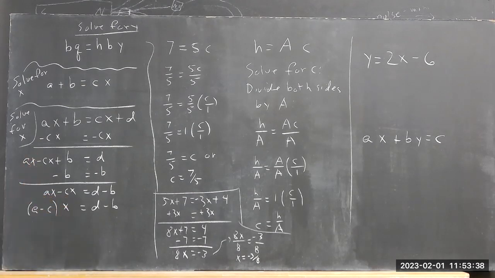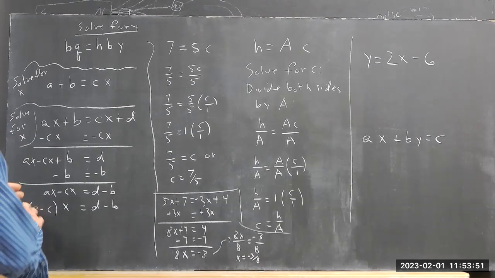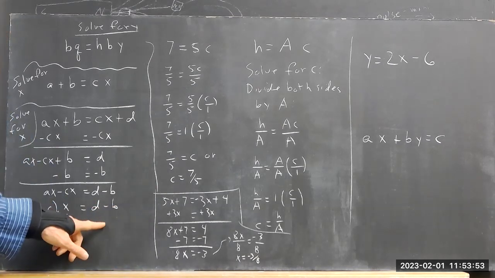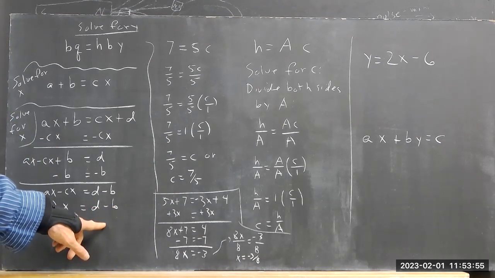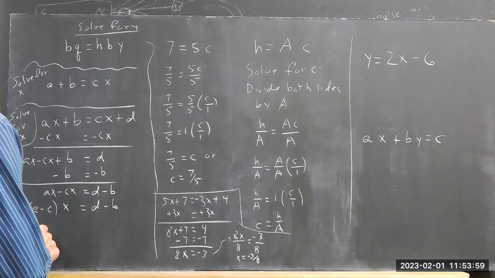Okay. And now what do we do? We divide both sides by A minus C. Now, we'll write that in another step. Once I have this step right, I don't want to do anything with it, so I'll go to another step to divide.